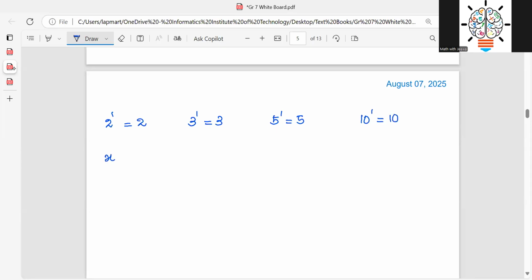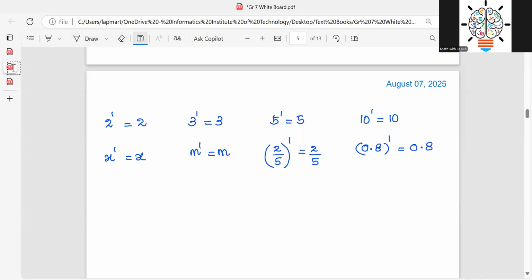So x to the power of 1, the answer is x. M to the power of 1, the answer is m. 2 over 5 to the power of 1, the answer is 2 over 5. 0.8 to the power of 1, the answer is 0.8.